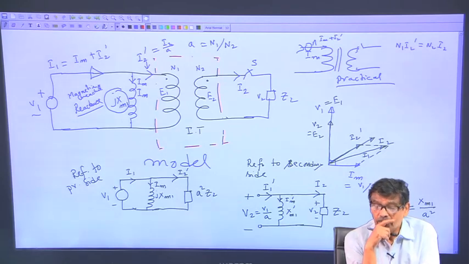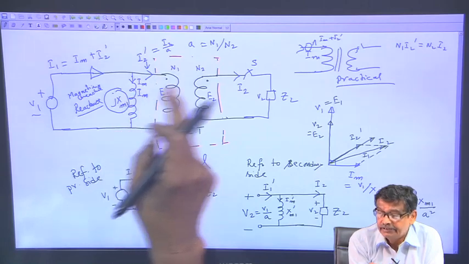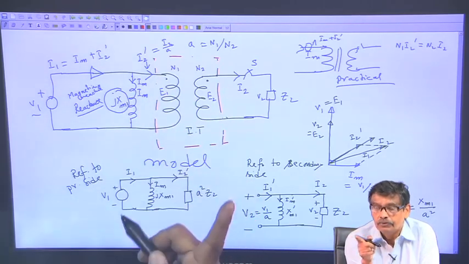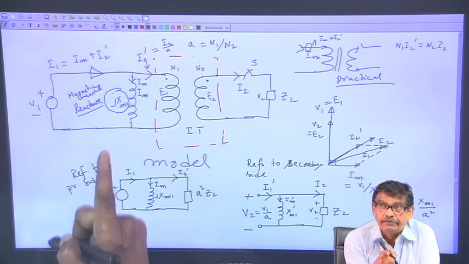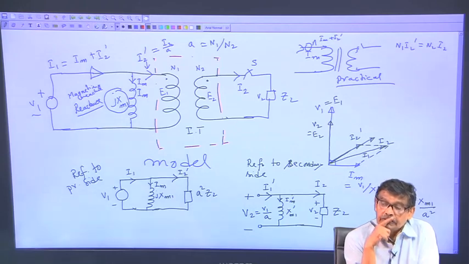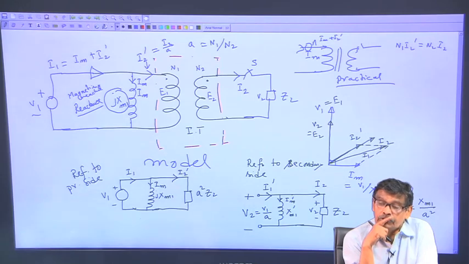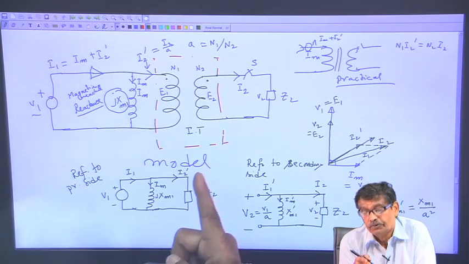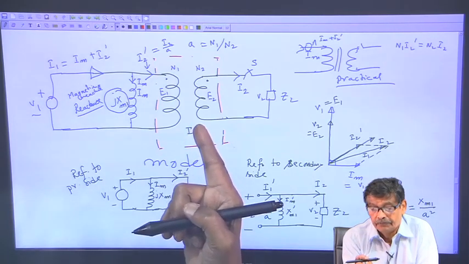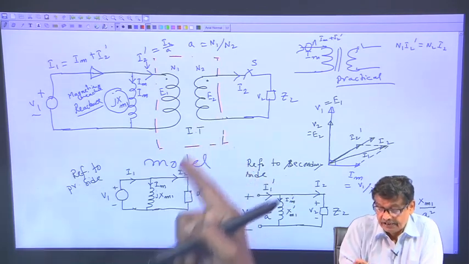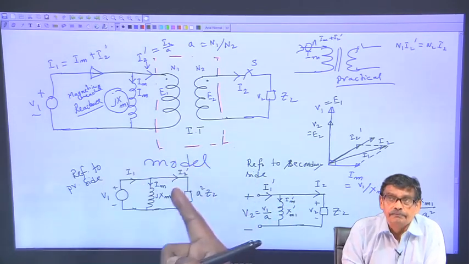So, now once again I will add some parameters to this circuit, that is R 1 R 2 in appropriate place, that is very important, so that effect of R 1 and R 2 will be addressed by this model.